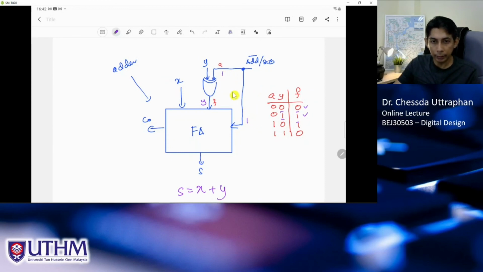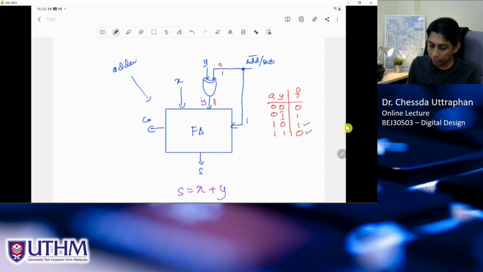So what happened is that if A equal to 1, you see the output here, if A equal to 1, the F is complement of Y. If Y equal to 0, F equal to 1. If Y equal to 1, F equal to 0. This is complement of Y.